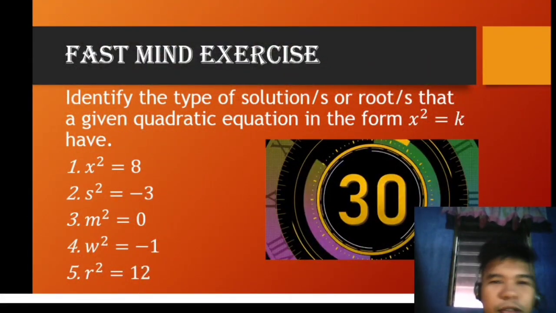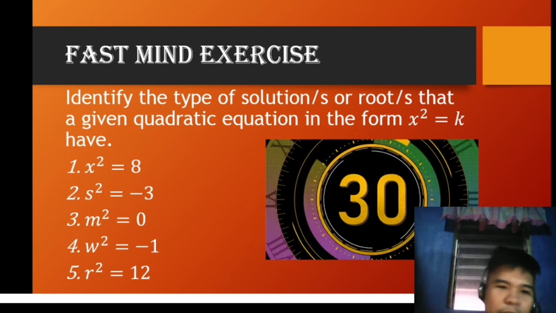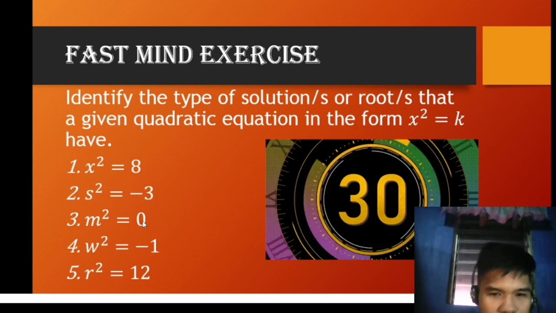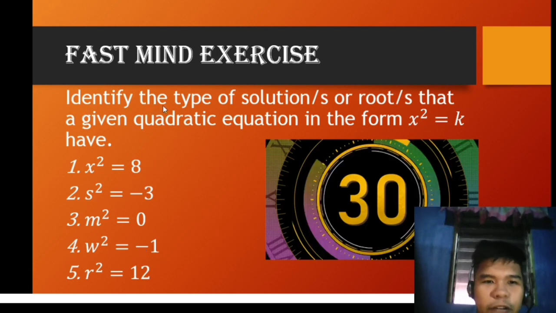What we're going to do, I have here again 5 quadratic equations in the form x squared equal to k. We need to identify the type of solutions or roots that a given quadratic equation in the form x squared equal to k has. This time we're just going to depend on the value of k.